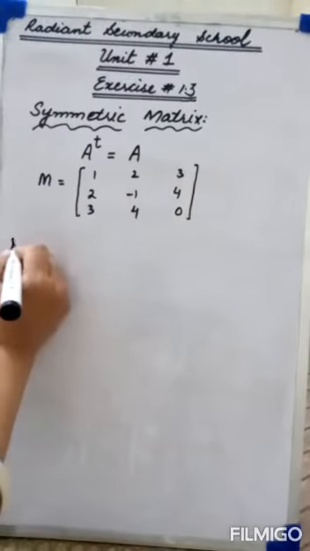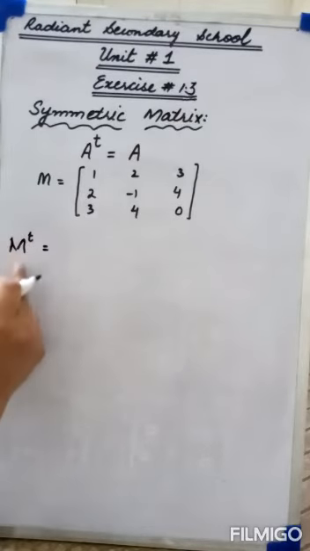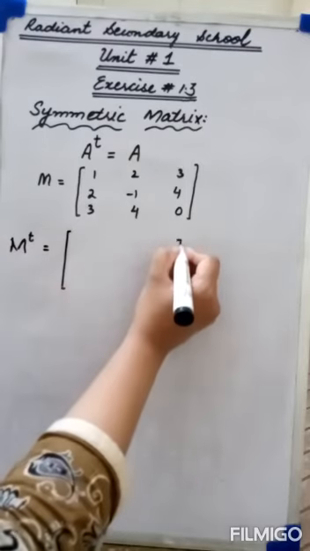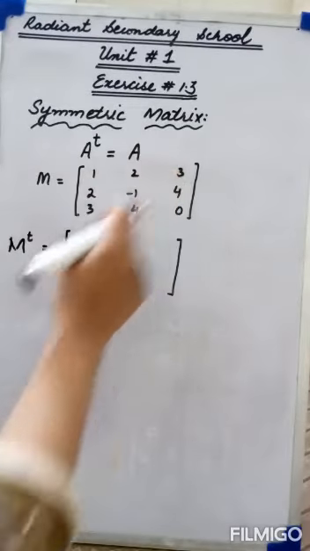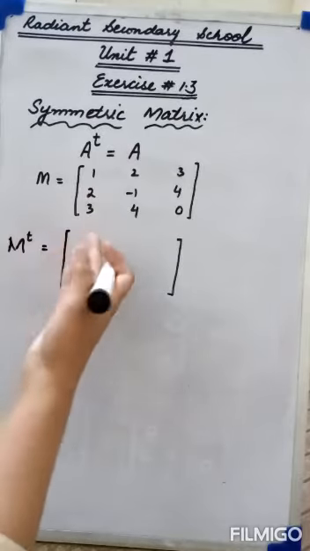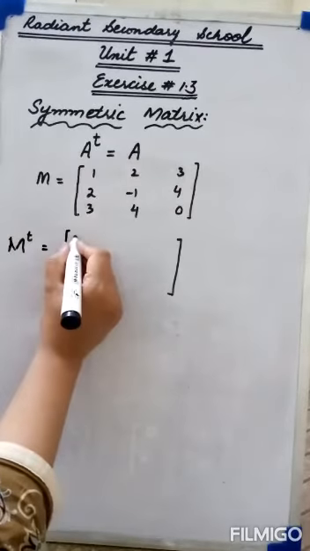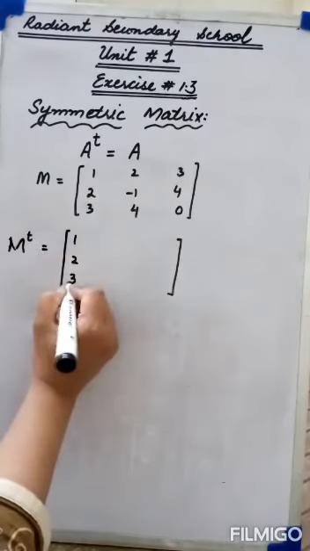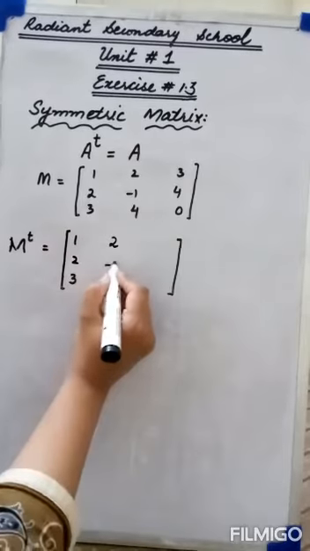Okay, now I am taking its transpose. I have to write a small t on the name of the matrix, which indicates that we have taken its transpose. Now I will write the rows in the form of columns. I am going to change all the rows. First row is 1, 2, 3. I have written it in the form of a column. Second row is 2, minus 1, 4.